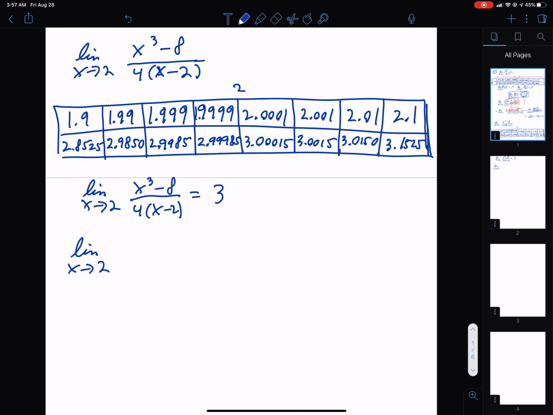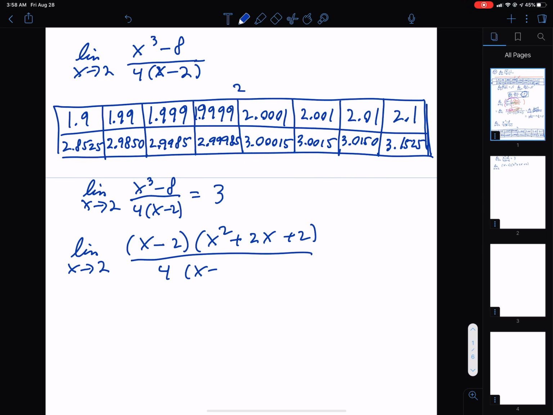And I don't know how many of you remember that, but if we factor the top, we would get x minus 2, and then x squared plus 2x, I think I'm doing this right, plus 2. So there's a magic formula for that. And if it was a plus instead of a minus, we would end up with a minus here.